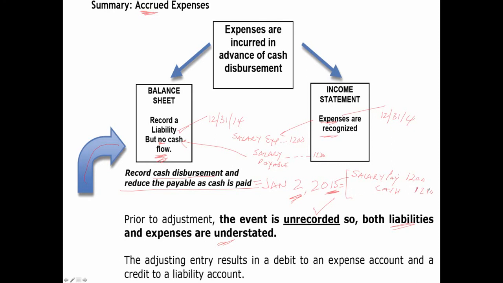Since we're on the accrual basis, we're going to show the expense in 2014, even though we pay it in 2015. So the key point is that the services were provided through December 31st, even though they're paid in 2015. So on the accrual basis, we have to recognize the expense in the period in which it is incurred.